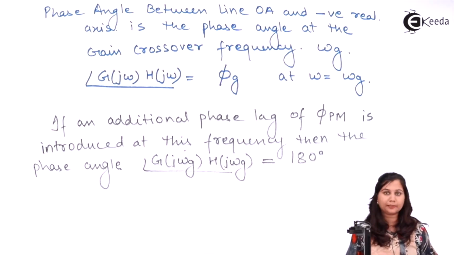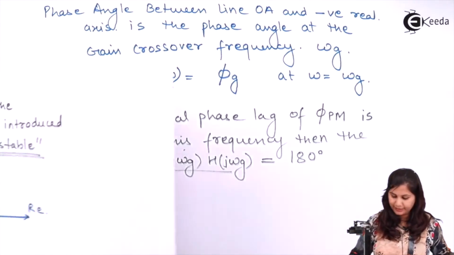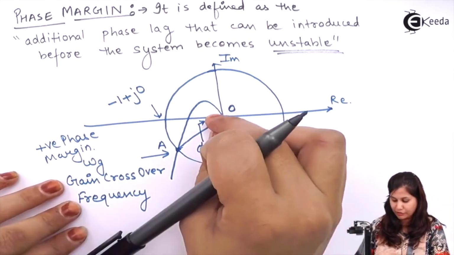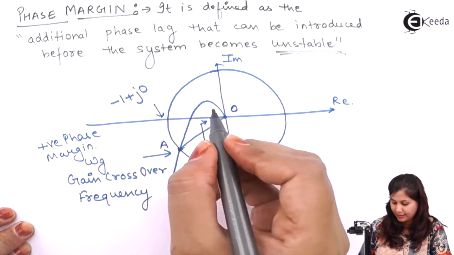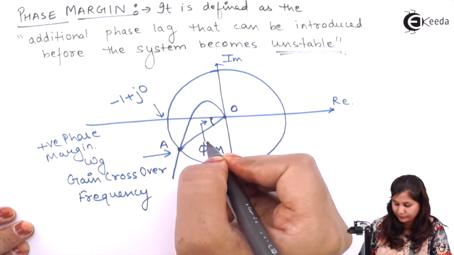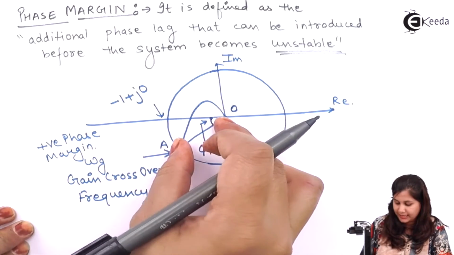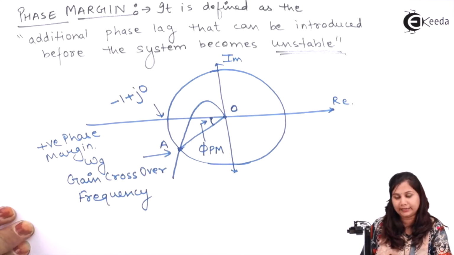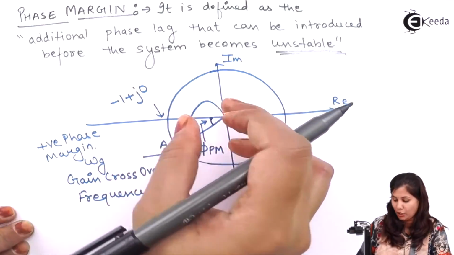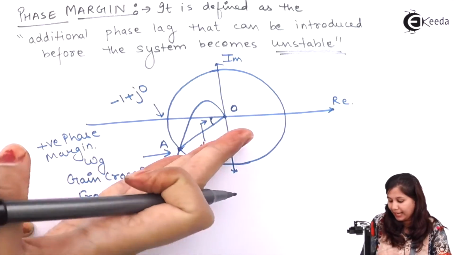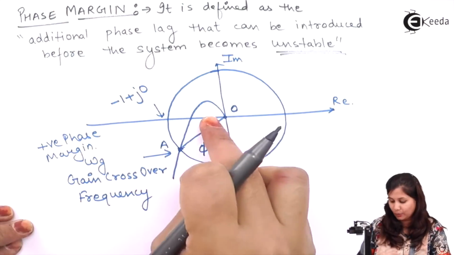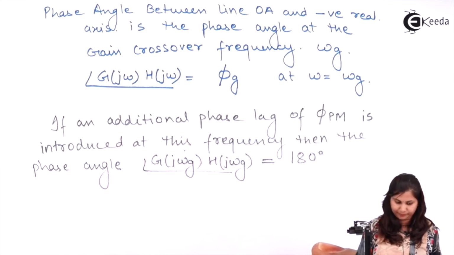You can see in the figure that this is the phase margin. If we add this angle phi pm to it, then this angle will become 180 degrees. So this additional angle which we add to make the angle 180 degrees is called the phase margin.